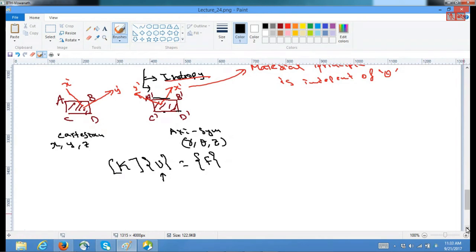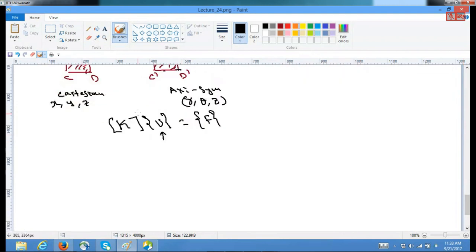But I'm just bringing out the similarity of what needs to be done, and the k will still be the same. It is integral B transpose D B dV. This would not change. The only thing is B and D are expressed in terms of axisymmetric notation rather than the Cartesian notation which we have seen.